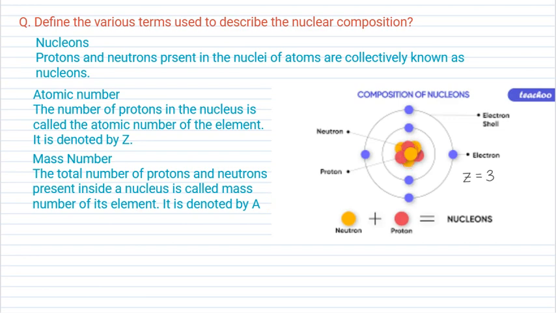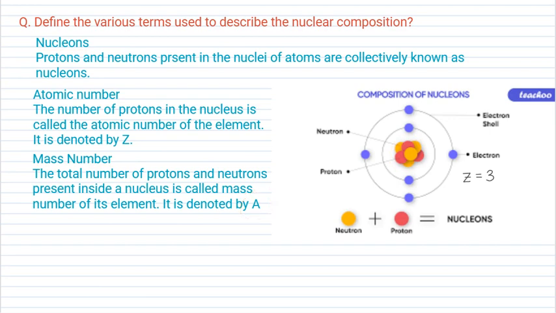You have neutrons and you have protons. These protons and neutrons are collectively known as your nucleons. So how many nucleons are inside this nucleus? This gives us the total mass number, and it is denoted by capital A.